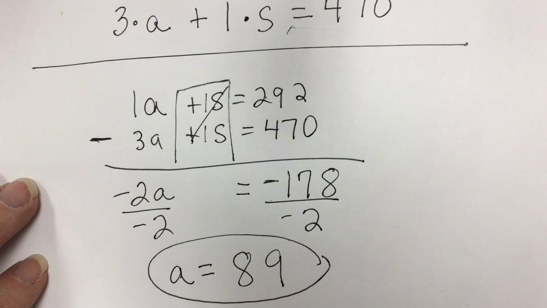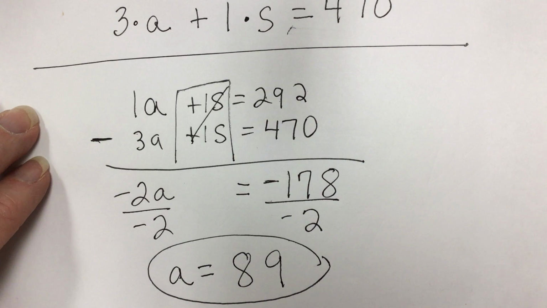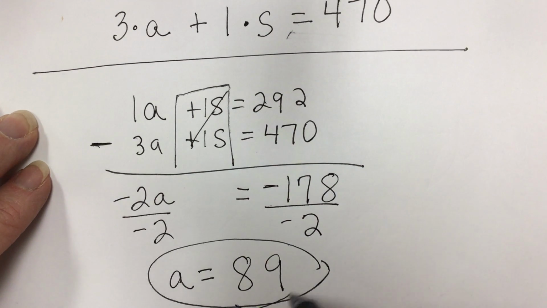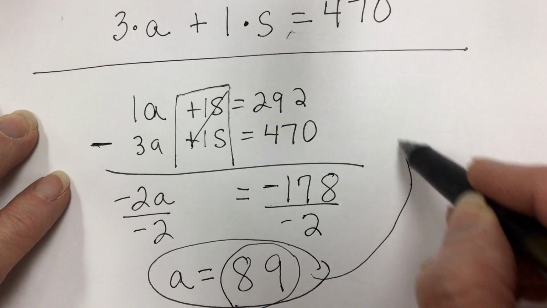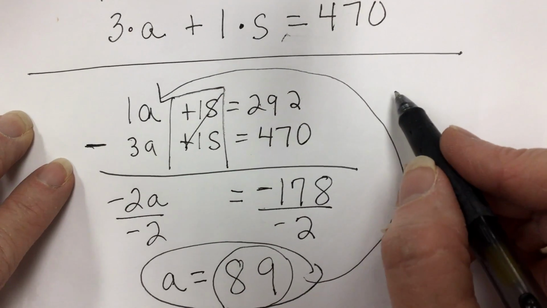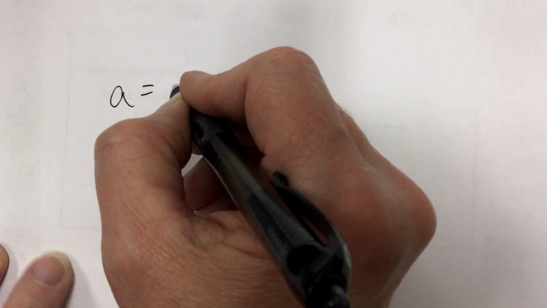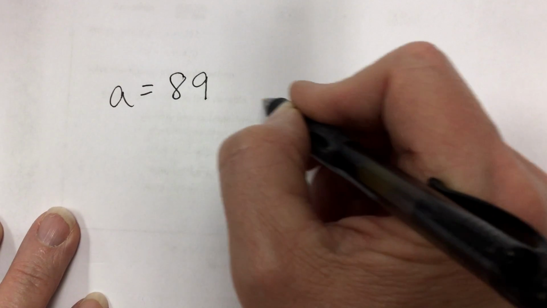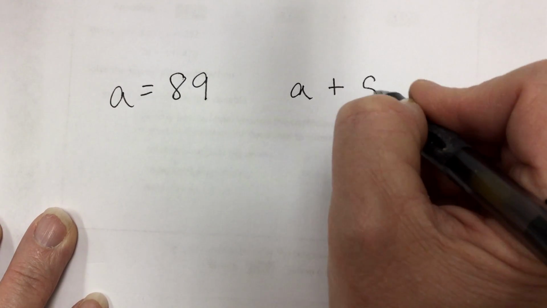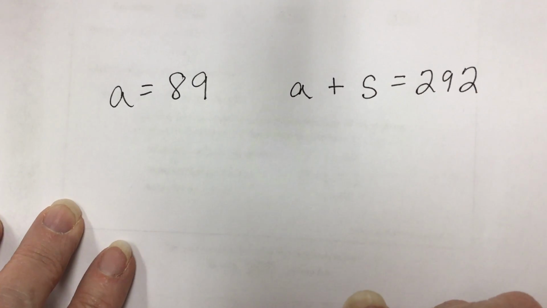Now we must go back and find S. S is the number of student tickets. To find S, we will need to take what A is and plug it back into either one of the original equations. So if I plug it back into the first equation, I'm going to go to a new sheet of paper to do that. I have A equals 89, and I'm going to plug it back into the first equation, A plus S equals 292.